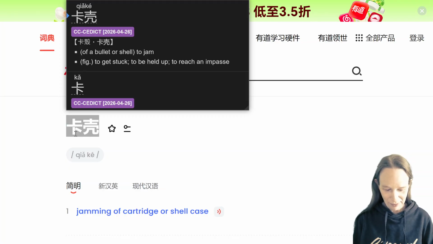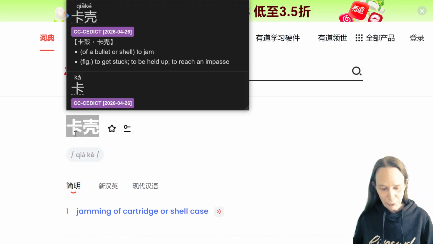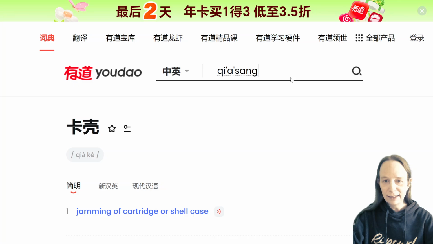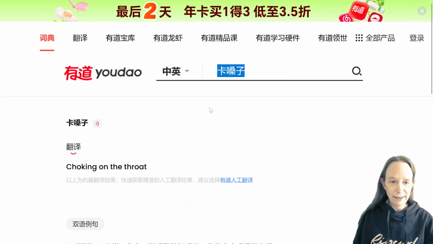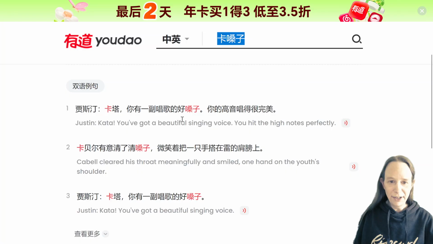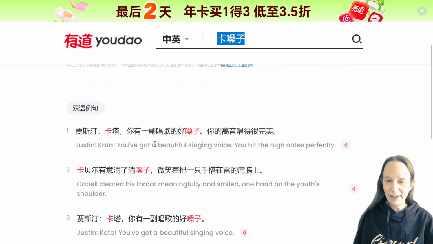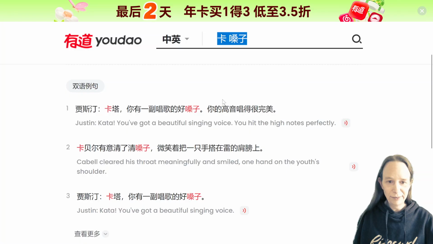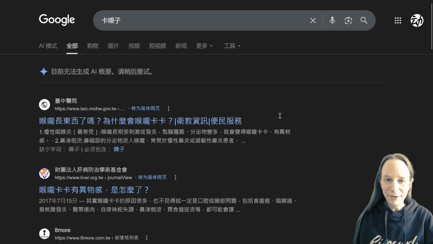Apparently that's a word. 茶课. 鱼刺嗓子里. So like stuck in your throat. Yeah, these are all transliterations. That didn't really help. Okay, this is it. 茶嗓子. So it's stuck in your throat.